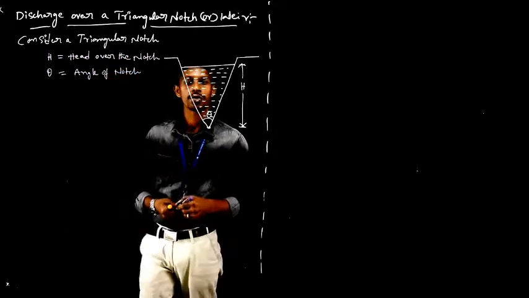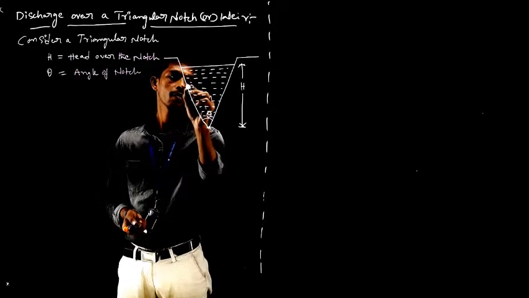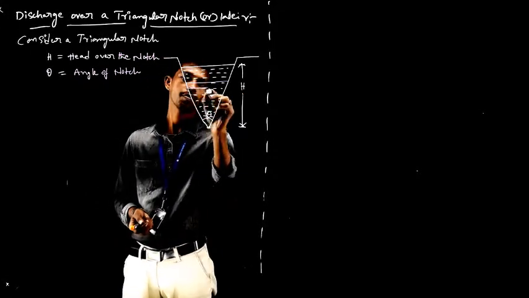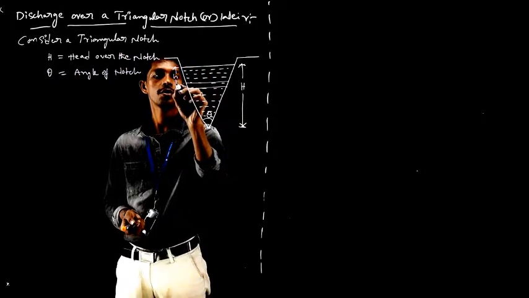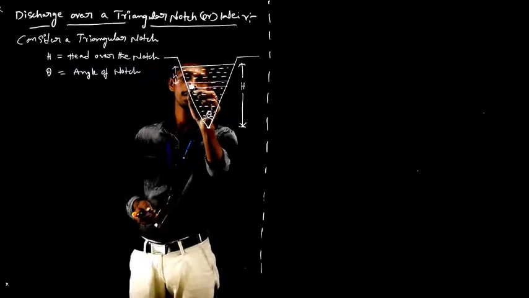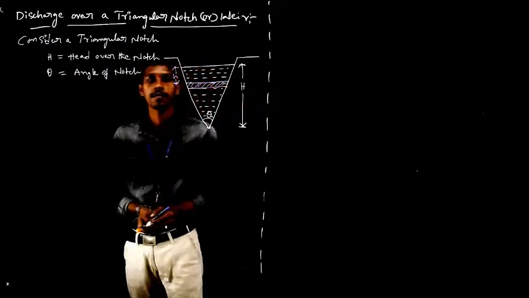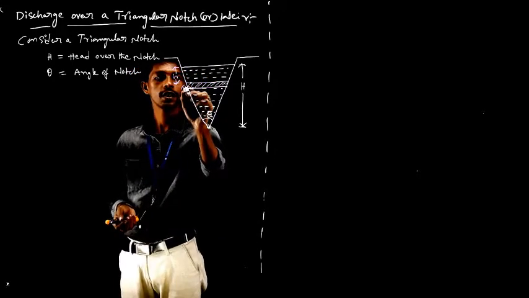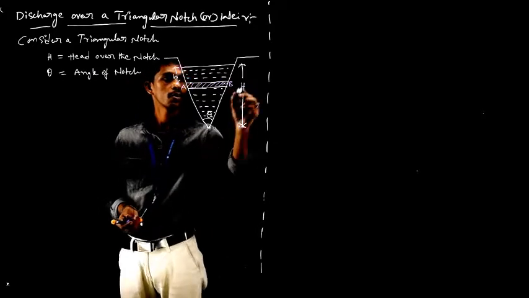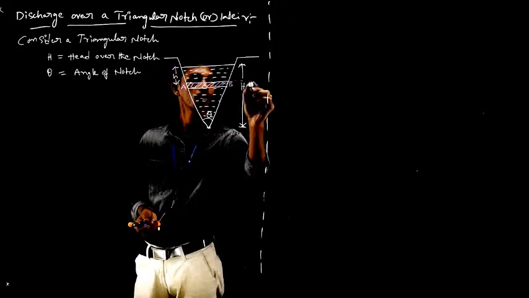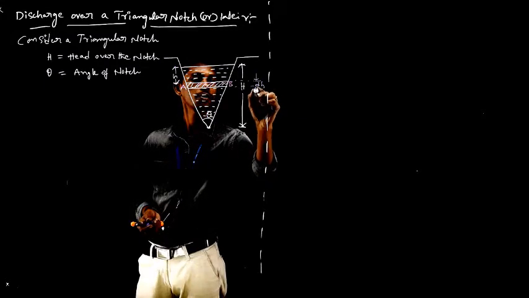Okay, and to solve this particular diagram, I am selecting a specific strip at a depth of small h from the free water surface. So this is the specific strip I have selected. I am considering it as AB. The strip thickness will be dH.